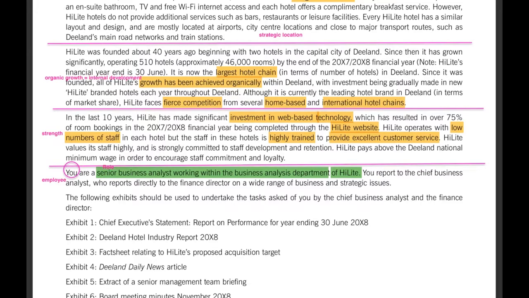But what is so significant about working within the business analysis department of Highlight? It tells that you are the employee. Why is this important? Because it will have an impact on the way that you are going to write your report. This will tell you the tone of your writing.